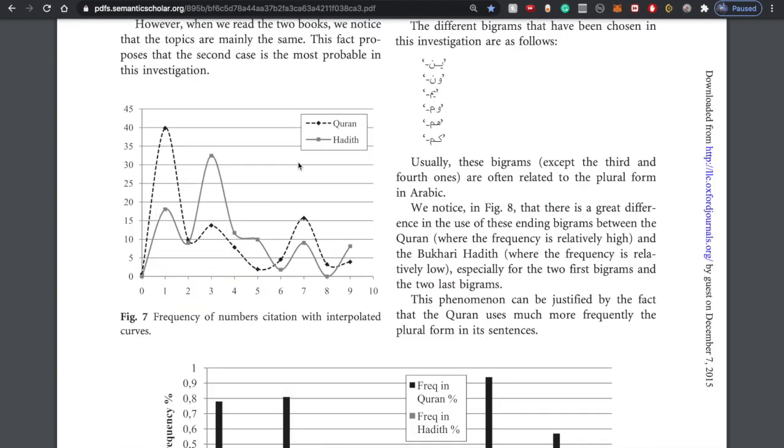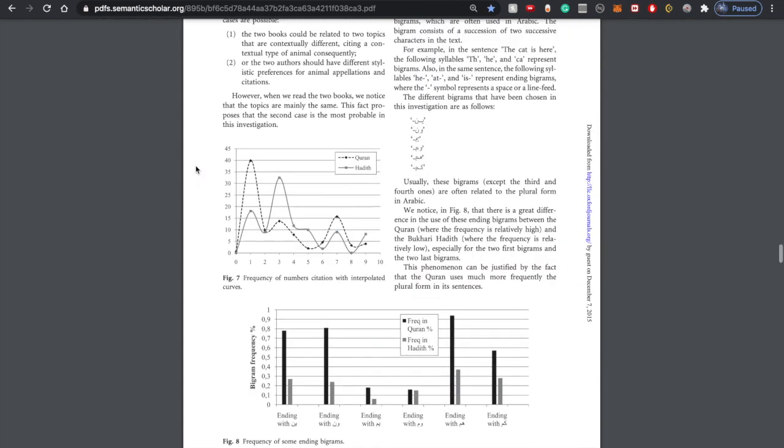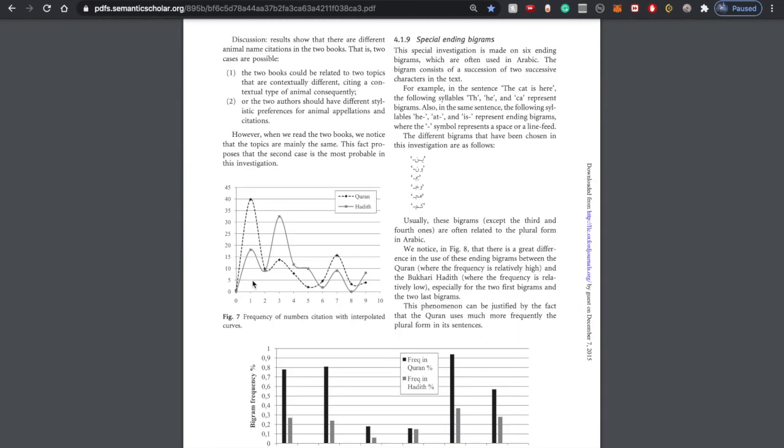Right, so you can see the Quran versus the Hadith. It's a big difference in terms of how many times the number 1 is used, how many times the number 2 is used, 3 is used, 4 is used, 5 is used, 6, 7, 8, 9. So there's a big difference here, right? Big difference between these, right?